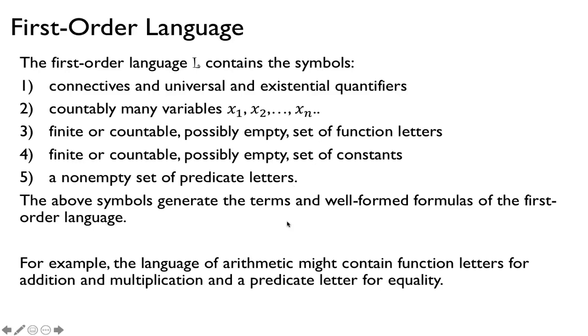What are the constants? Like 3 would be a constant, for example, 5, 100. What is an example of a predicate letter? Equality or inequality in this case, showing how things are related. Is x equal to y? Is x less than or equal to y? Greater than or equal to? Less than? All those would be examples of predicate letters, showing relationships between objects. So that would be an example of a first order language.